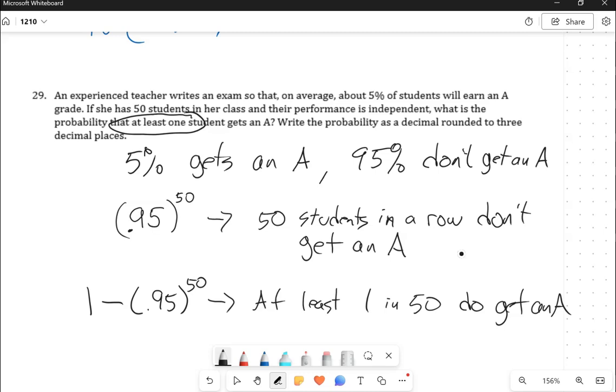So 5% get an A, 95% don't get an A. 0.95 to the 50th power, because they're independent, you can just multiply 50 times and therefore do an exponent instead. 50 students in a row don't get an A. If at least one gets an A, then you're in the complement of none of them do. 1 minus that, at least one gets an A.